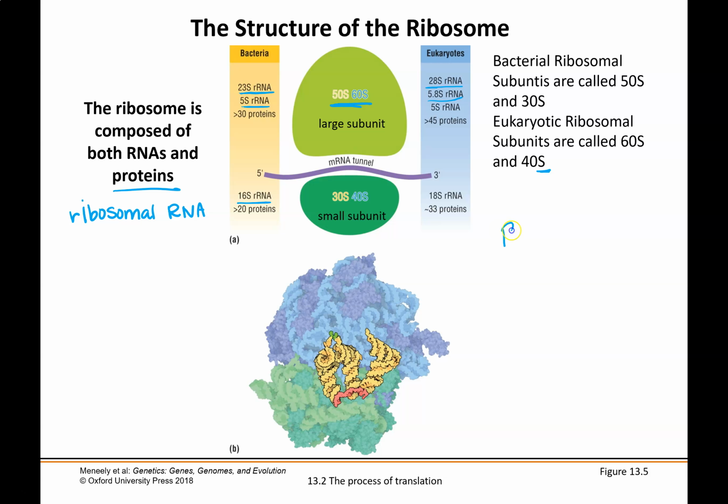The ribosome is one of the most highly conserved structures. This means that throughout evolutionary history, the ribosomal genes really haven't changed.